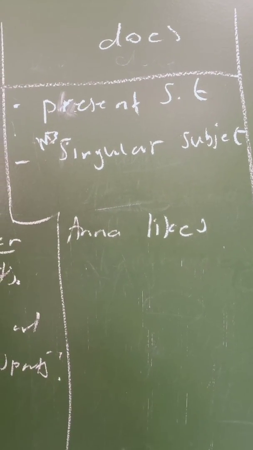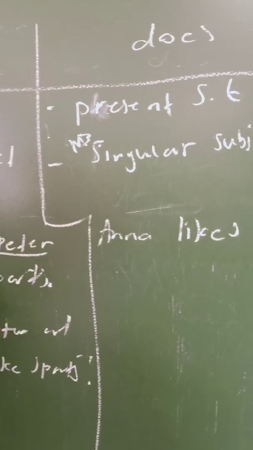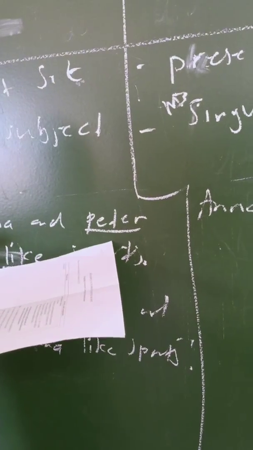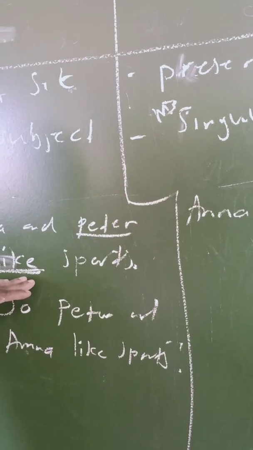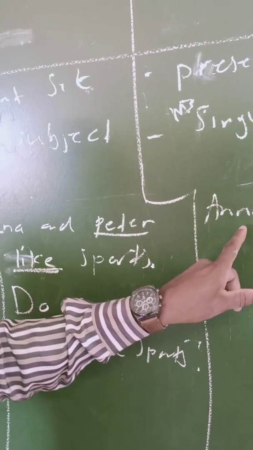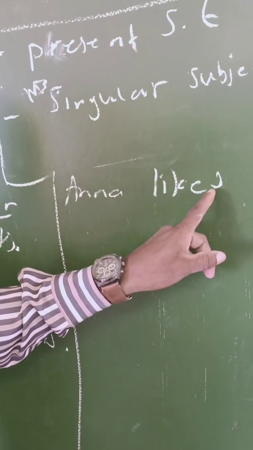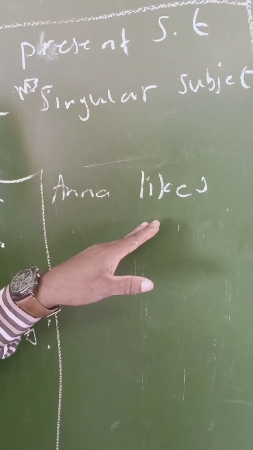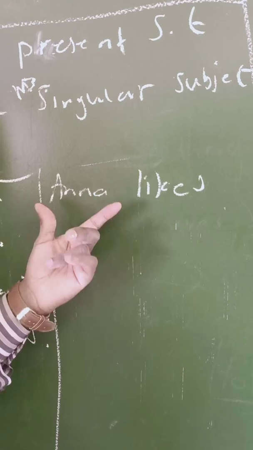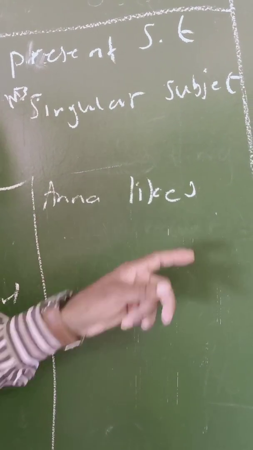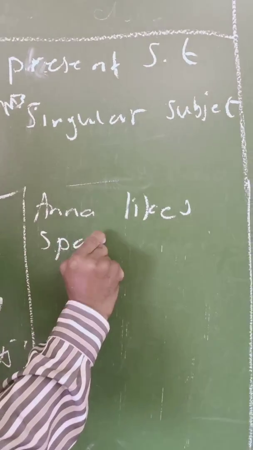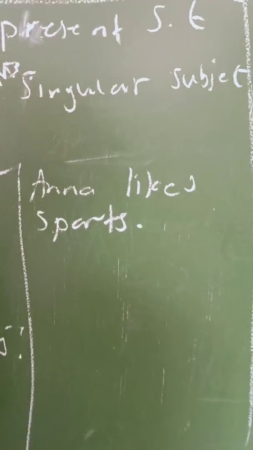Here we said Anna and Peter like, but we did not say Anna and Peter likes. So if the subject is plural, you don't add s or es to a verb which is in the present. But if the subject is singular, then you need to add s to that verb if it's in present tense. Because the subject is singular, we cannot say Anna like, but Anna likes. We need to add s there. Anna likes sports.